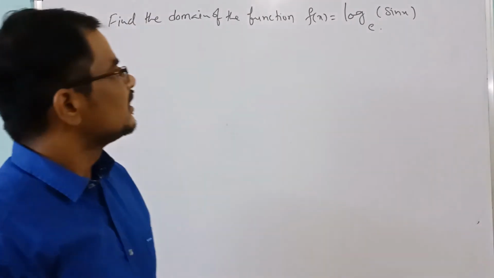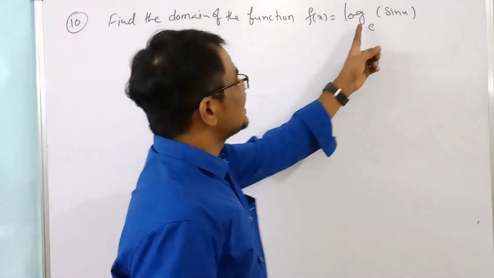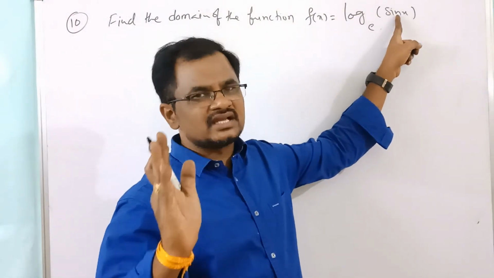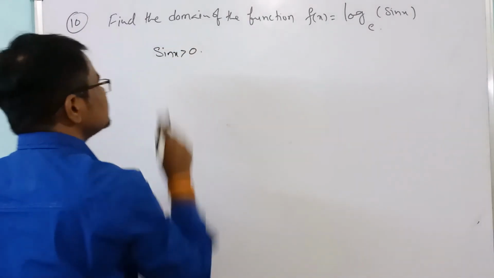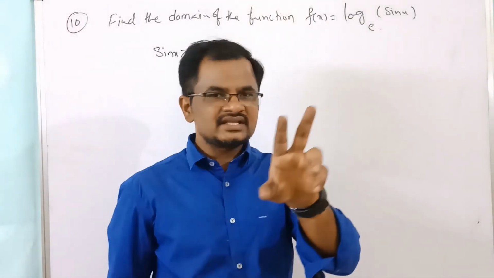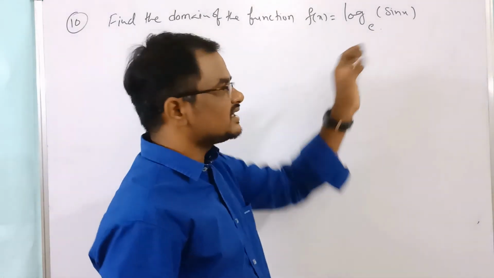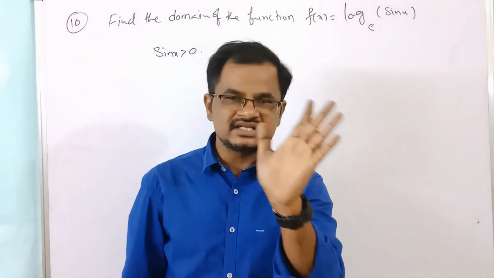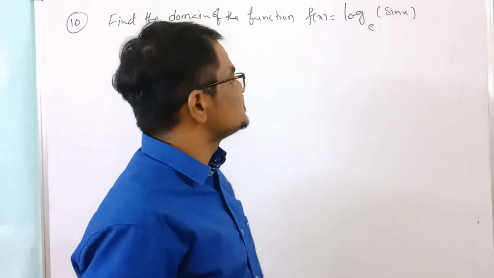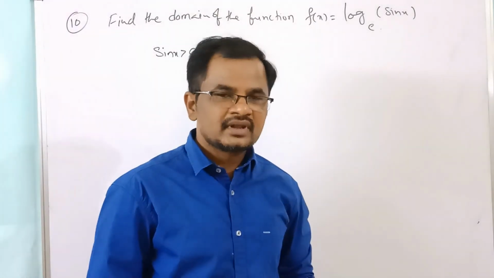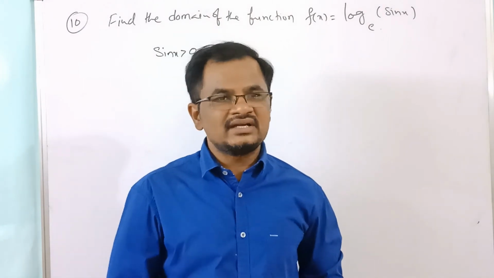Once you see, we know that log of x means x greater than 0. So that is sin x greater than 0. Base a means a greater than 0, a not equal to 1. E is there, e equal to 2.7, so it is greater than 0 and not equal to 1. Clear? So that's why it is greater than 0. But we know that the maximum value of sin x is 1.